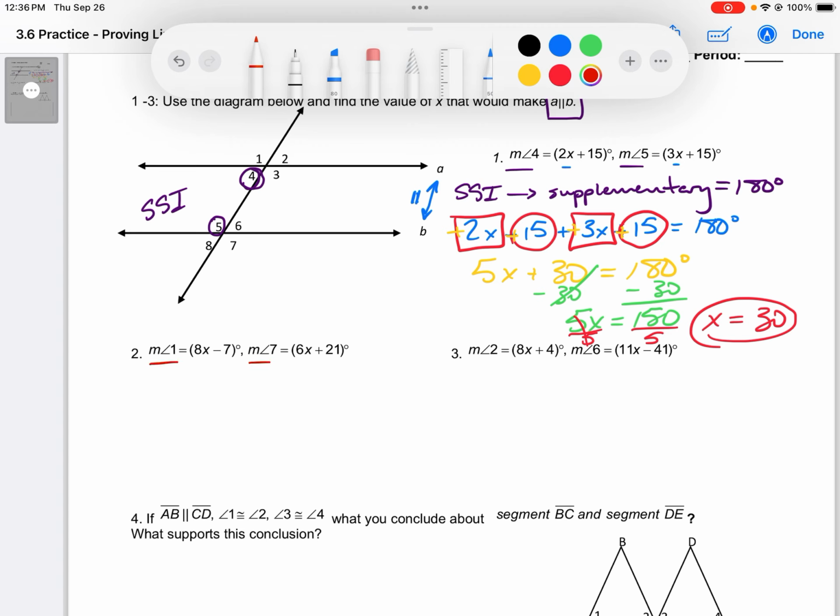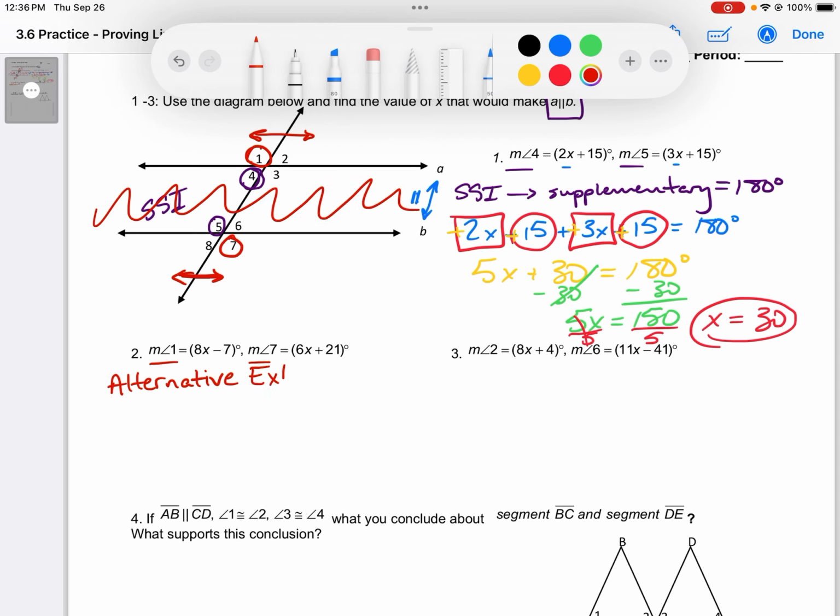Number 2 mentions angle 1 and angle 7. If you look at their location, they're on opposite sides of the transversal, so that means they're alternate. They are also outside of the parallel lines.